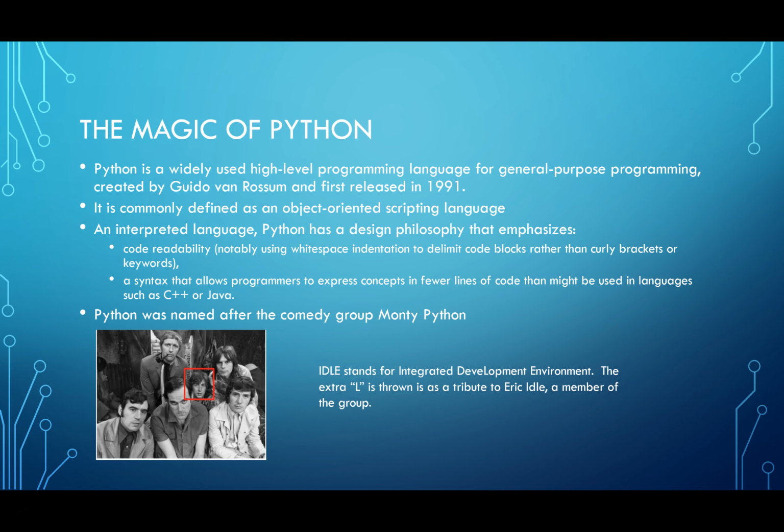Python has a design philosophy that emphasizes code readability, notably using whitespace indentation to delimit code blocks rather than curly brackets or keywords, and a syntax that allows programmers to express concepts in fewer lines of code than might be used in languages such as C++ or Java.